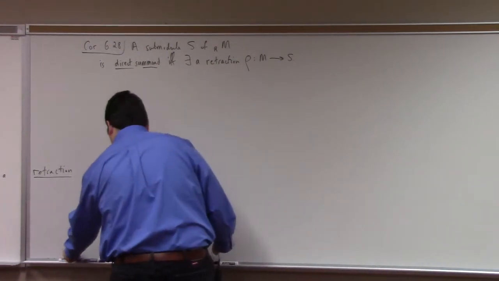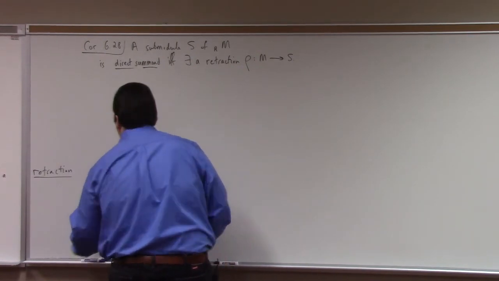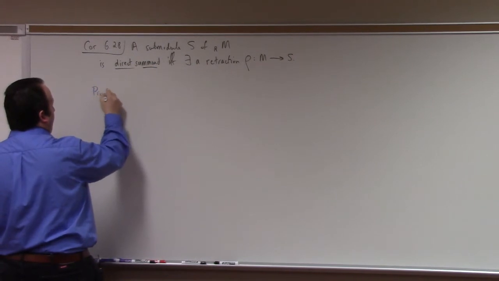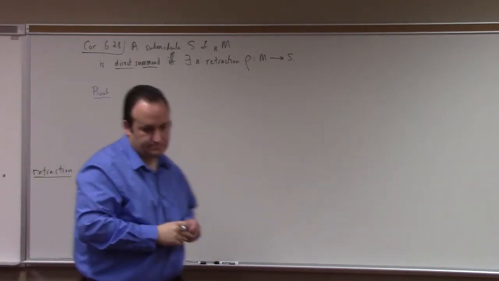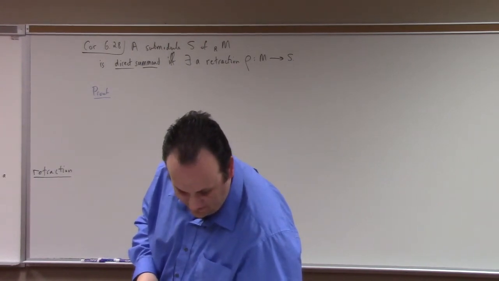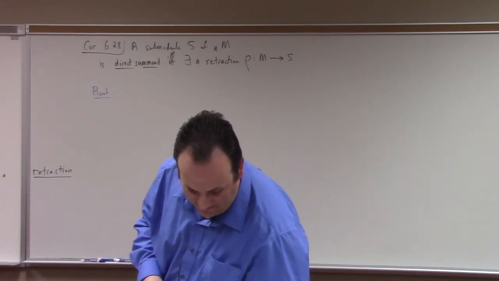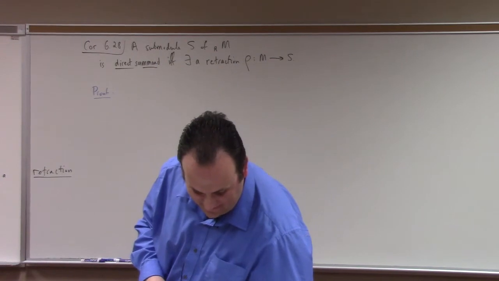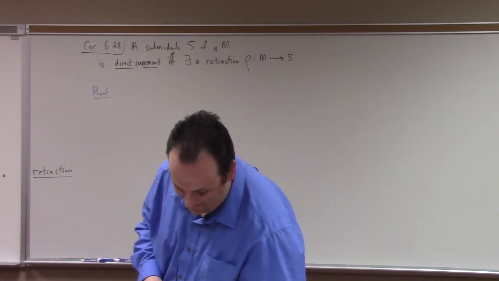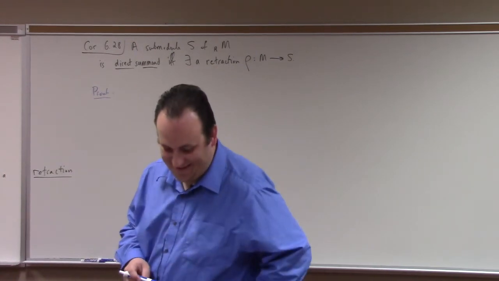Let's see here. So let's at least do part of the proof of this. It's a corollary to what? Oh, it's a corollary to the proposition 6 point. I'm not sure what this is a corollary to. We'll find out in a second here. It's a corollary to the definition.